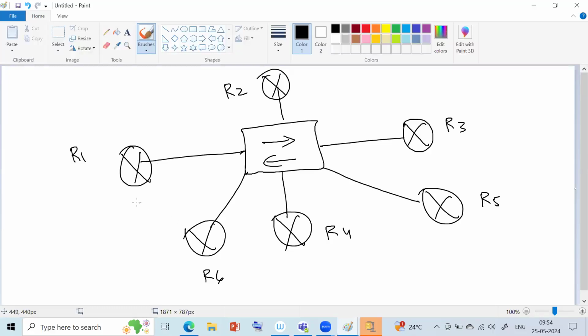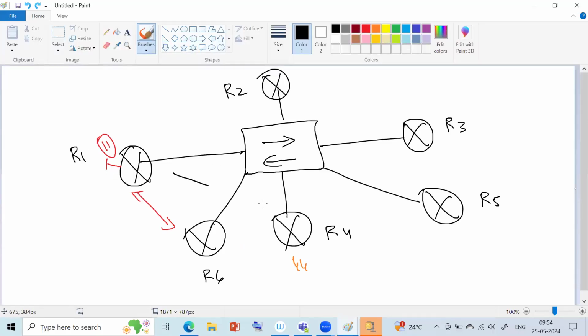R6 will come and form neighborship only with R1. Before, if it had to learn about the 11 network, which is connected to R1, you would obviously form a relationship, fine. But if you had to know about the 44 network, R6 had to also form neighborship with R4, but now it is not. It is only forming neighborship with R1.